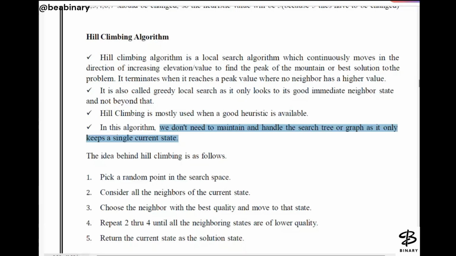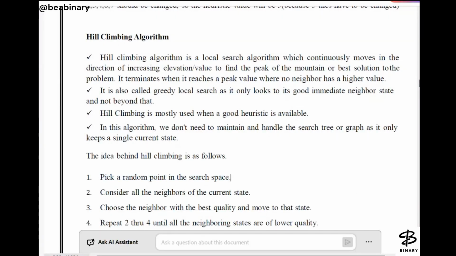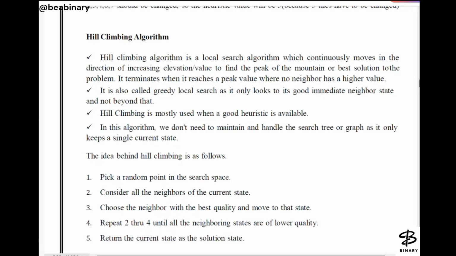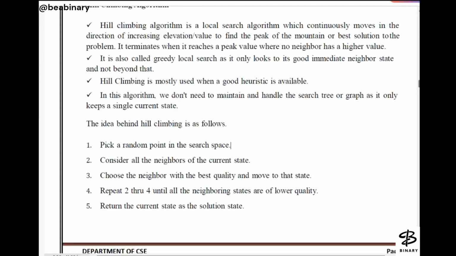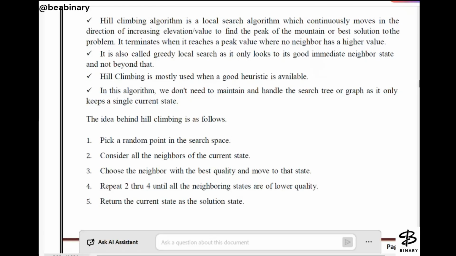So the idea behind hill climbing is, first step, pick any random point in the search space. Then, from that point, consider all the neighbors of the current state and choose the neighbor with the best quality and move to that state.